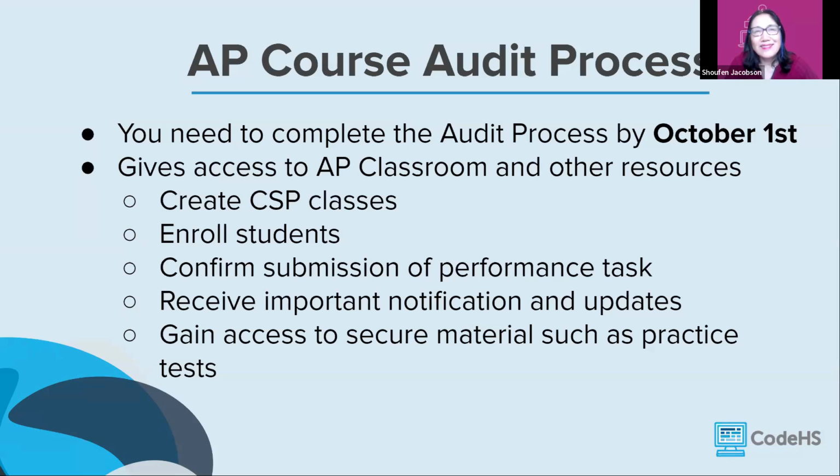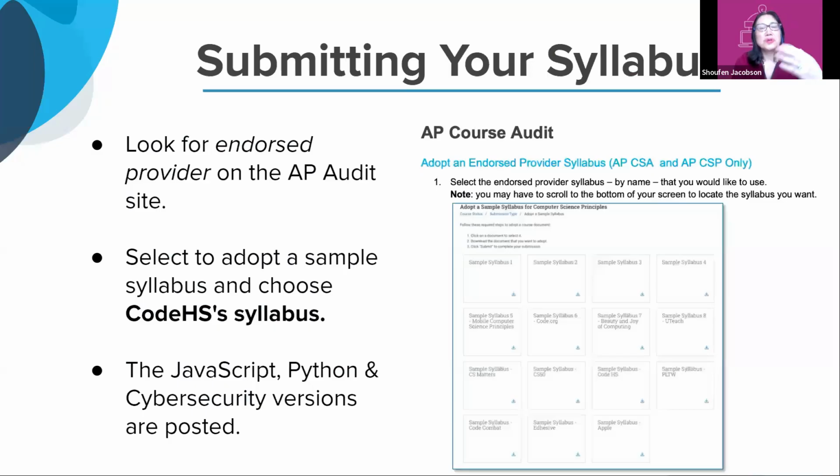At a certain time, you will be asked to submit your course syllabus. At that time, you want to look at the endorsed provider syllabus list, and then you can pick the CodeHS syllabus.